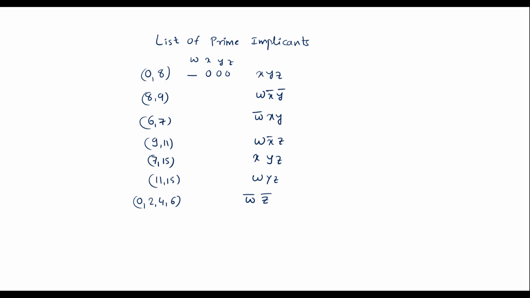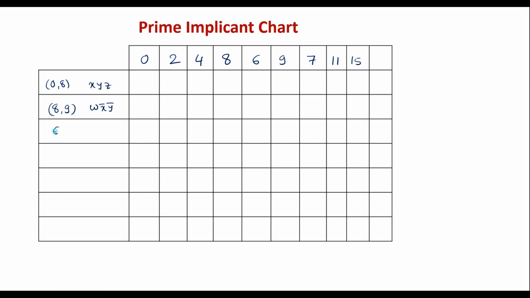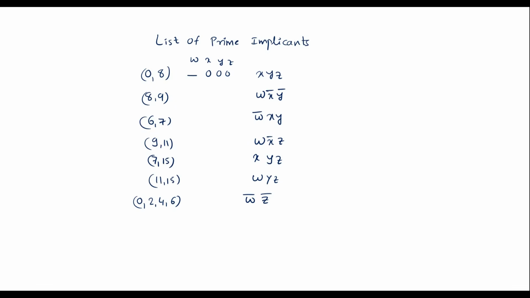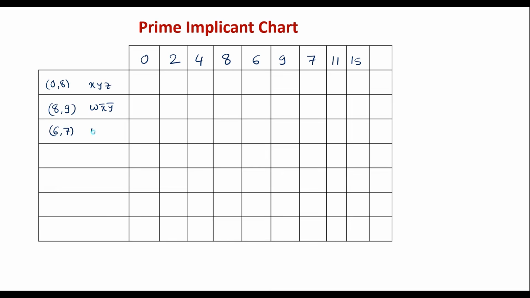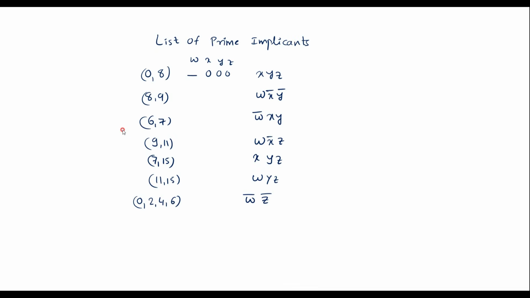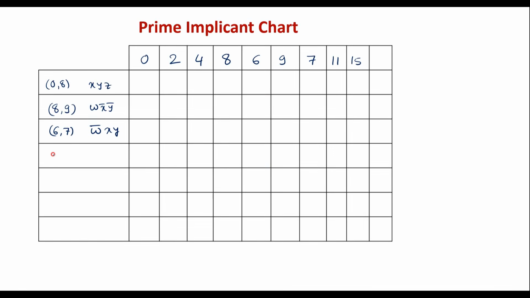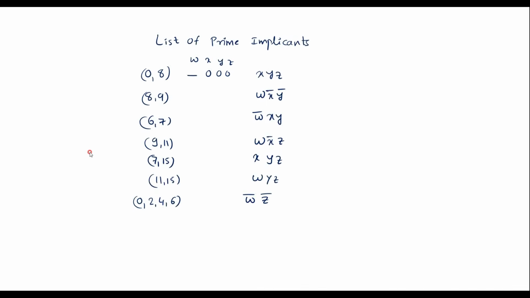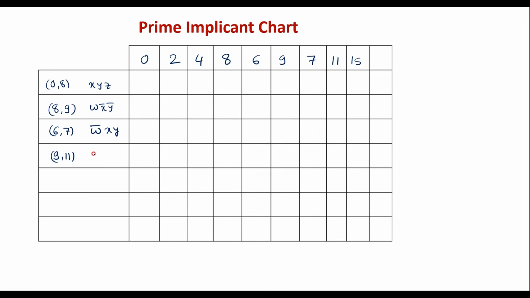Then we have 6, 7, which is w bar x y. Then 9, 11, which is w x bar z.